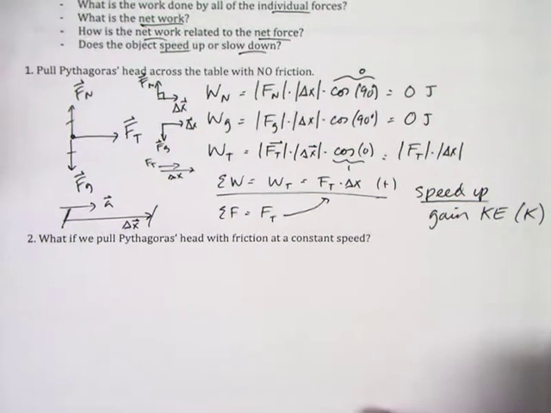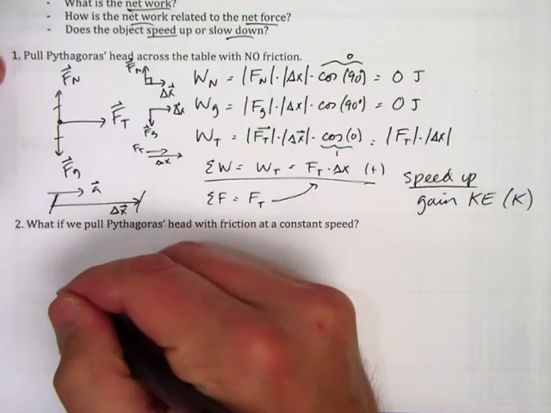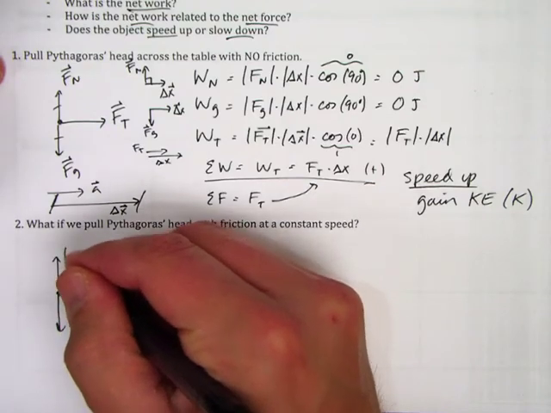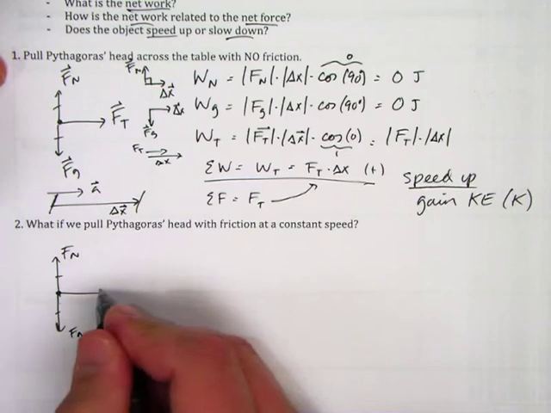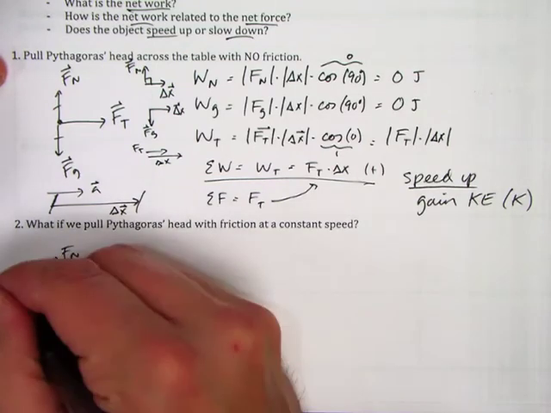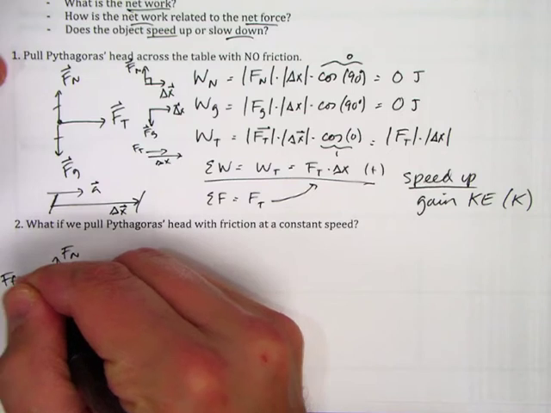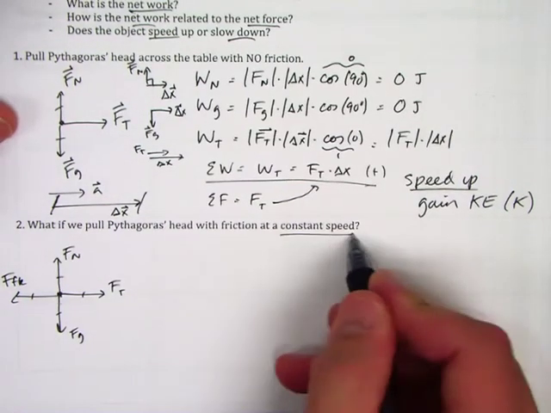Now, what if we were to pull with friction and a constant speed? So what changes here is that I still have normal and gravity, but now when I pull with tension to the right, I'm going to have a counter force, the force of friction, and these must be in equilibrium in order for there to be a constant speed.